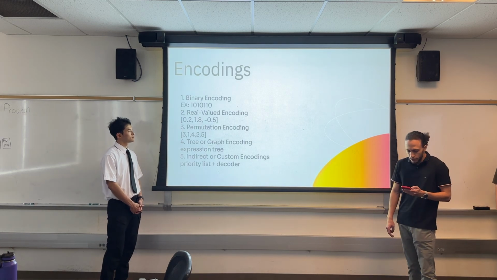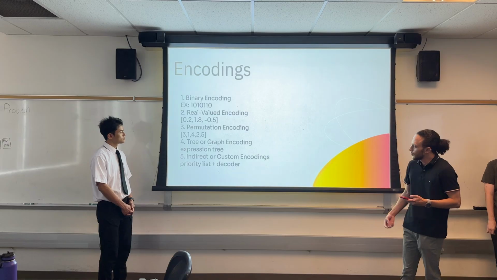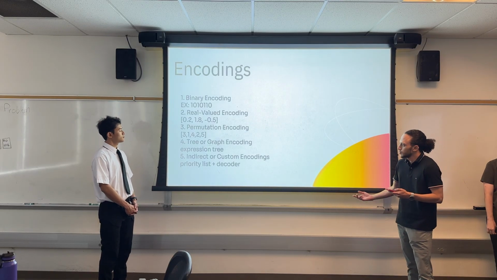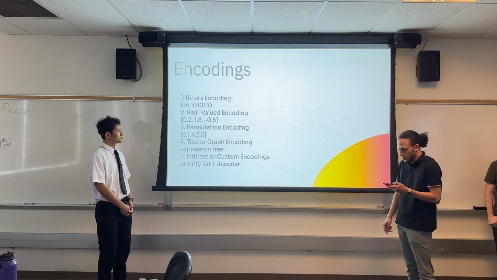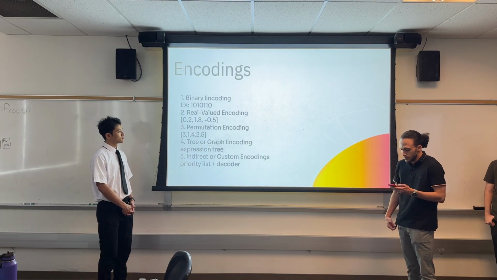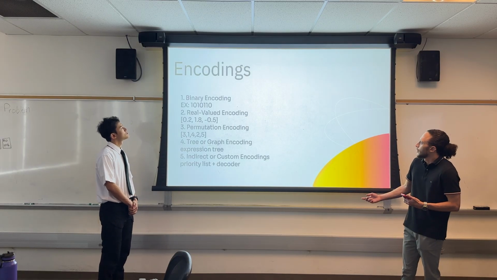The tree or graph encoding is also common in genetic programming, where each individual is a tree. And finally, the indirect or custom encodings, which are sometimes a list of rules or priorities that a decoder translates. Next.